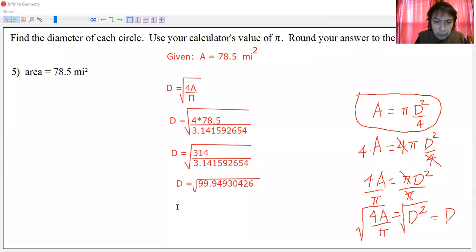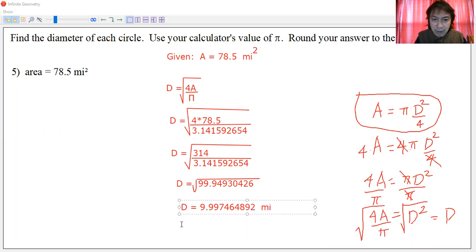And so d must be close to 10 because that's close to 100, and the square root of 100 is 10. Let's get the square root of this, and the square root is 9.997464892, and this will be in miles.